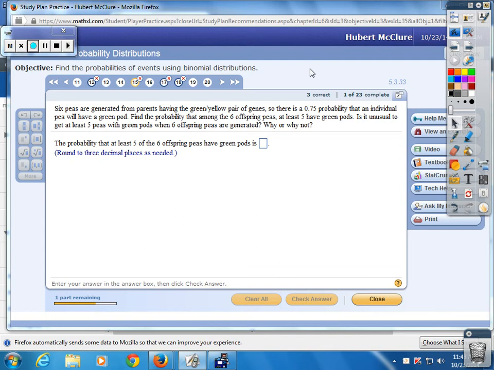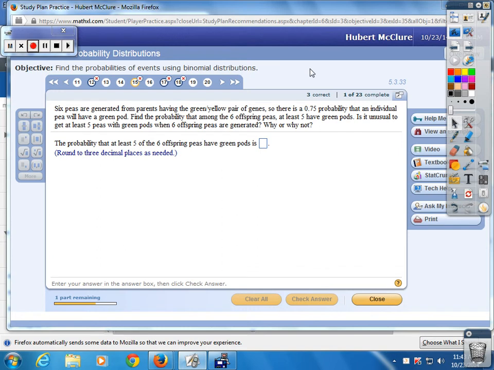Whatever. All right. Do this one, and I'm not going to blow it up. It's number 15. It says 6 peas are generated from parents having the green-yellow pair of genes. So there is a 0.75 probability that an individual pea will have a green pod. Find the probability that among 6 offspring, at least 5. You need to highlight that.